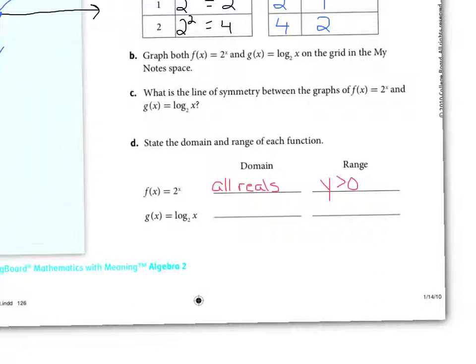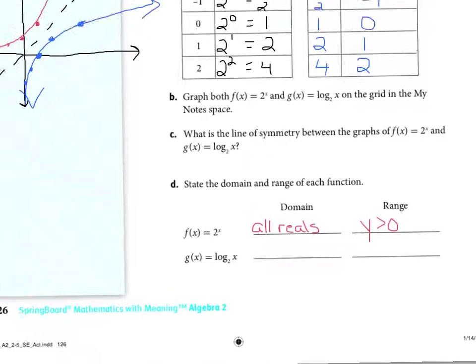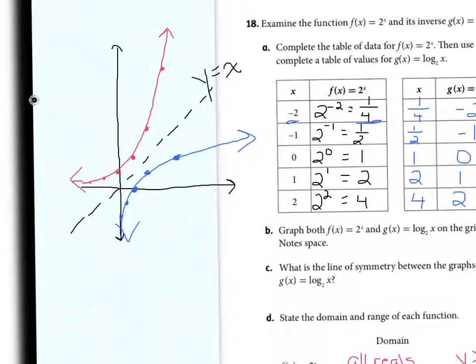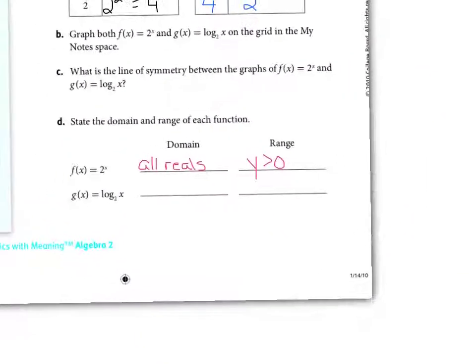Now, on the logarithmic function, let's think about the x values we have. Look at how the x values are on the logarithmic. We're only starting here and going off to the right. So for our domain of our logarithmic, it's all the x's that are greater than 0.